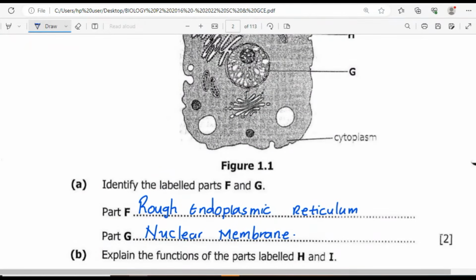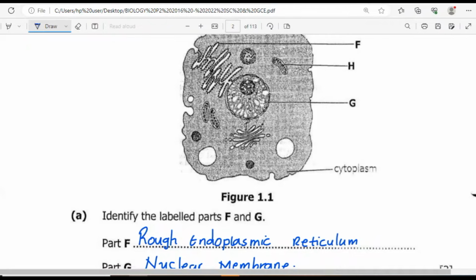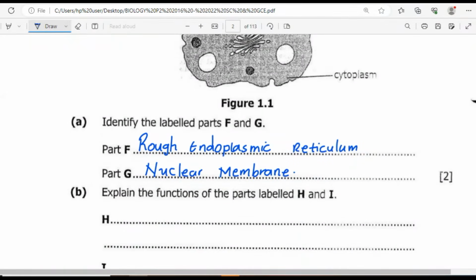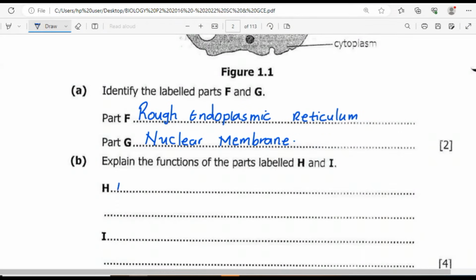What is H? You can see that it's a sausage-like structure, and this one is known as a mitochondria. So part H is mitochondria. Now, what is the function of mitochondria? In terms of the function, it can be given in so many ways.